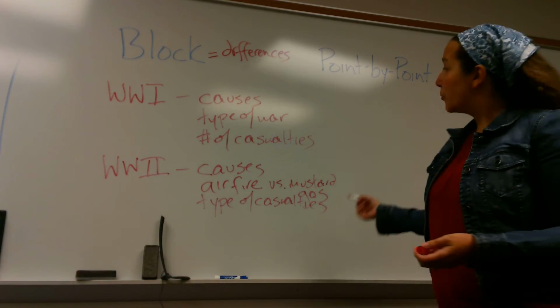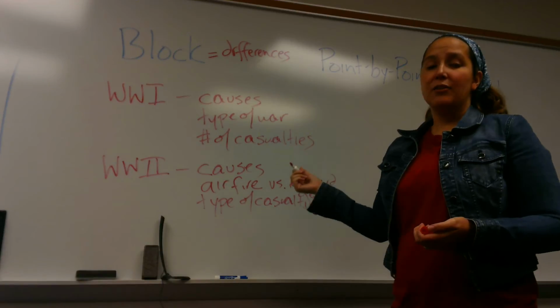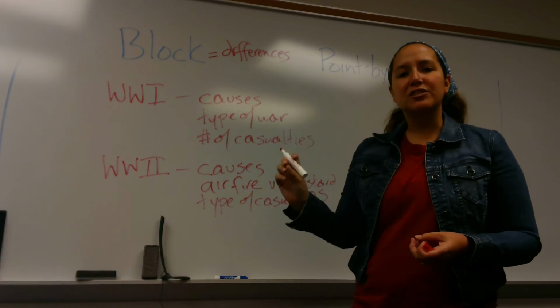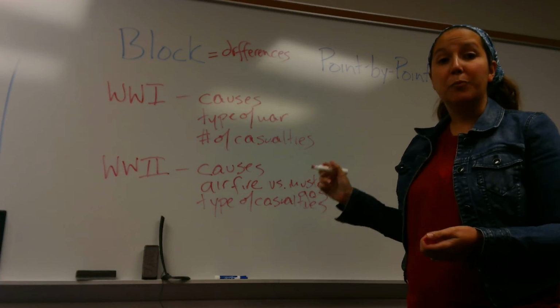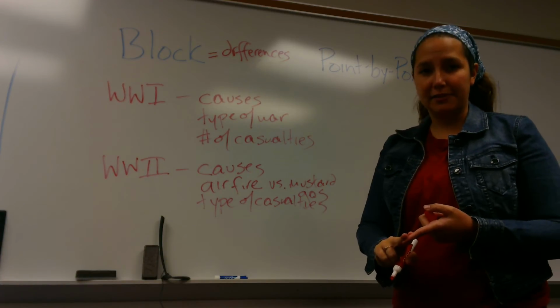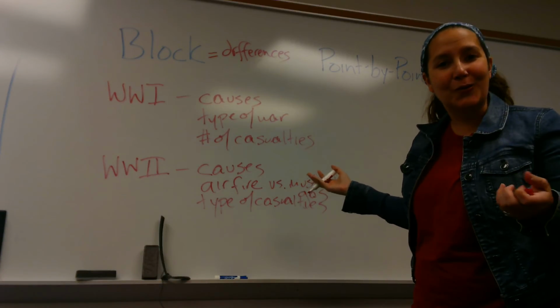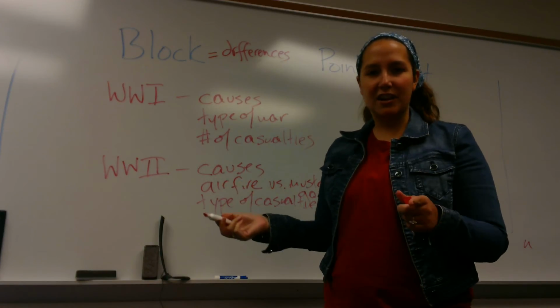So let's jump over to the point-by-point method, and you'll see a big difference in the organizational pattern here. We're still talking about the same topics, but we're just going to organize it differently. The point-by-point method can be used for both similarities and differences. That's the real difference between the two organizational methods: block really only works for differences, and I'll tell you why.